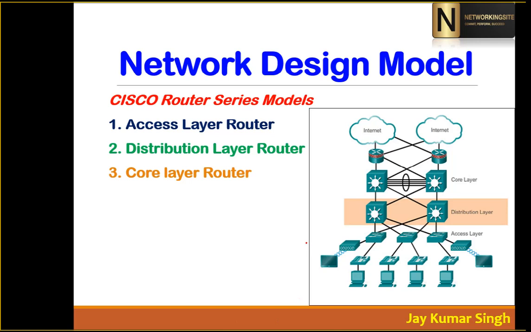Now whenever we talk about Cisco routing devices or Cisco networking models, whenever we talk about network design, Cisco has divided the network design using Cisco devices into three models. Cisco provides three types of devices. One is a basic router which has low configuration.